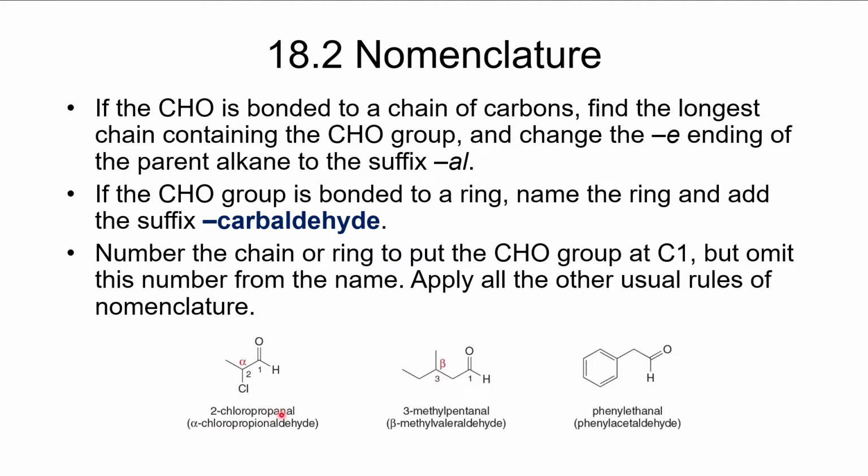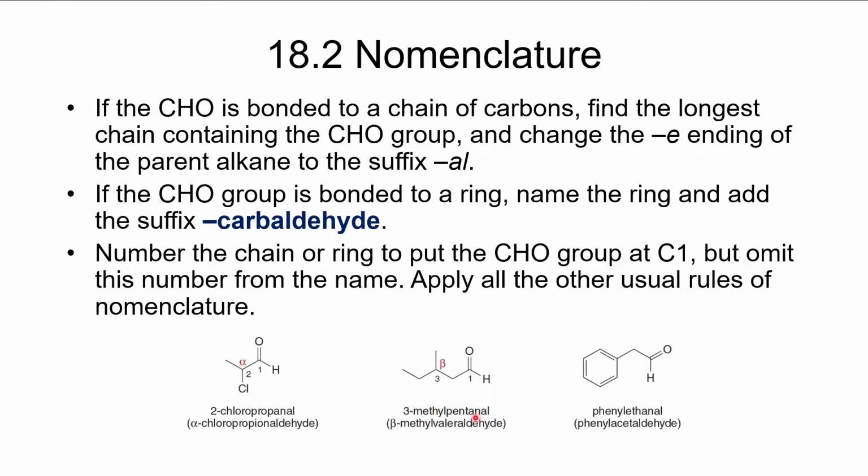So propanal in the common nomenclature is called propionaldehyde. So this would be alpha-chloropropionaldehyde. So that is a different way of naming it. Pentanal has the name valeraldehyde. So when we have a methyl on there, we would call this beta-methylvaleraldehyde.